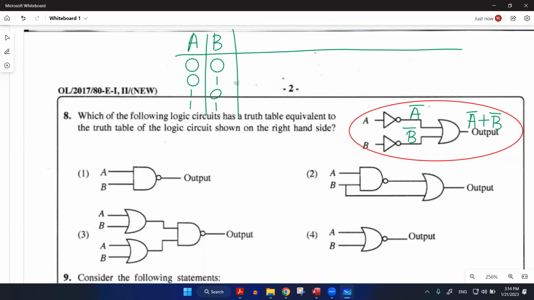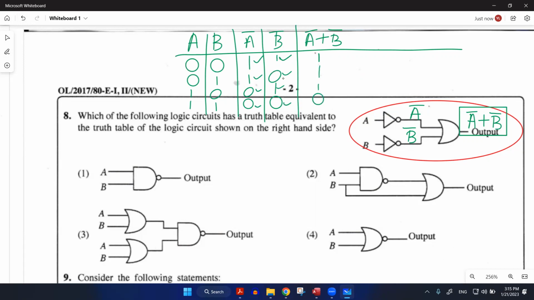Then I'm going to take this output. First A bar, that means 1, 1, 0, 0. Then B bar: 1, 0, 1, 0. Then A bar plus B bar: 1 plus 1 is 1, 1 plus 0 is 1, 0 plus 1 is 1, 0 plus 0 is 0.